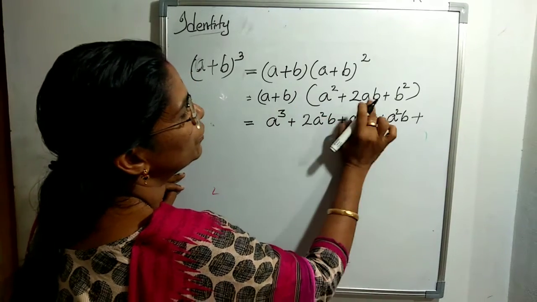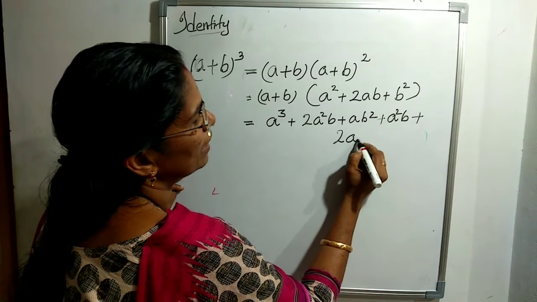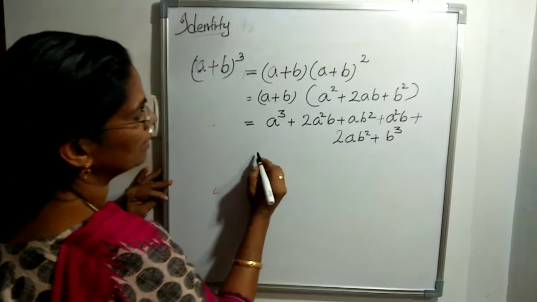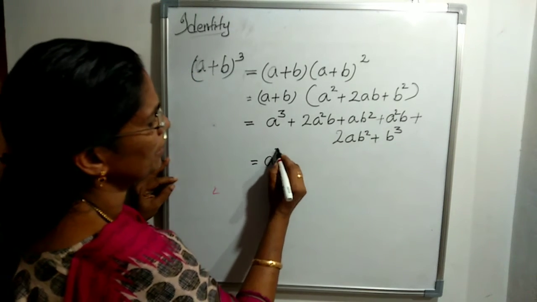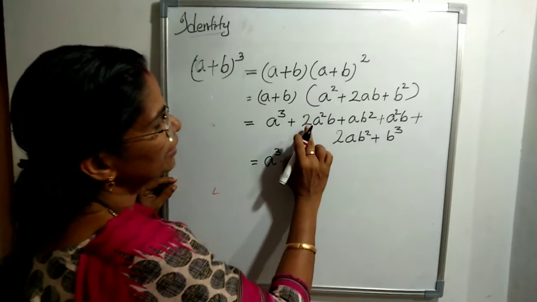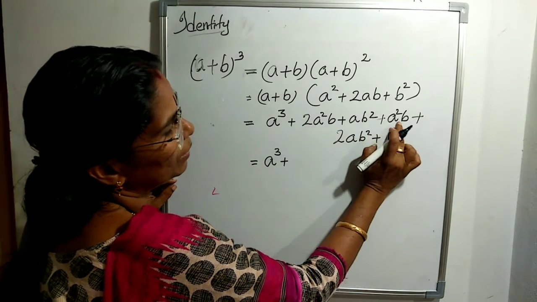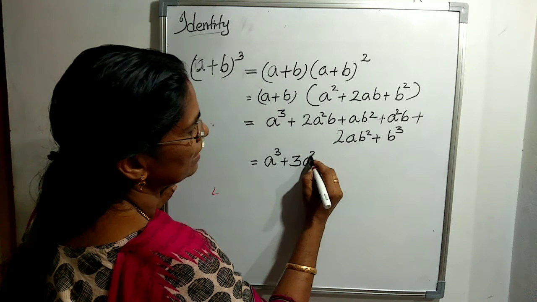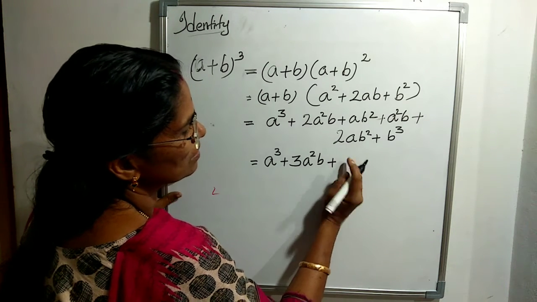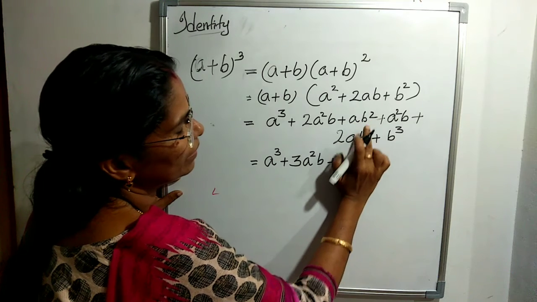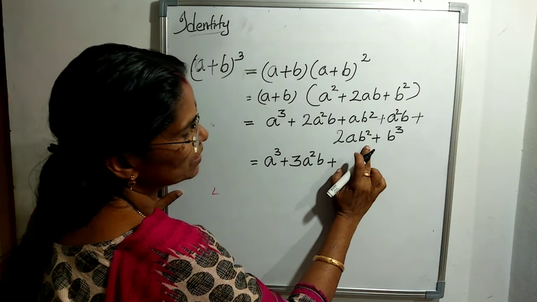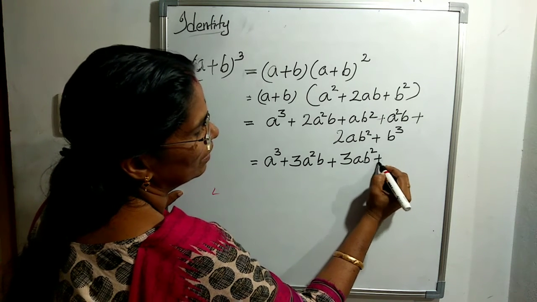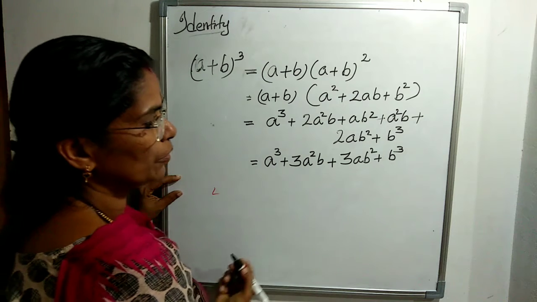Plus b into 2ab, that is 2ab square, and another term is b cube. Now we rearrange: a cube, like terms we are adding, 2a square b and one more a square b, adding together we get 3a square b. Here ab square and here also 2ab square, adding together we get 3ab square, and the last term is b cube.